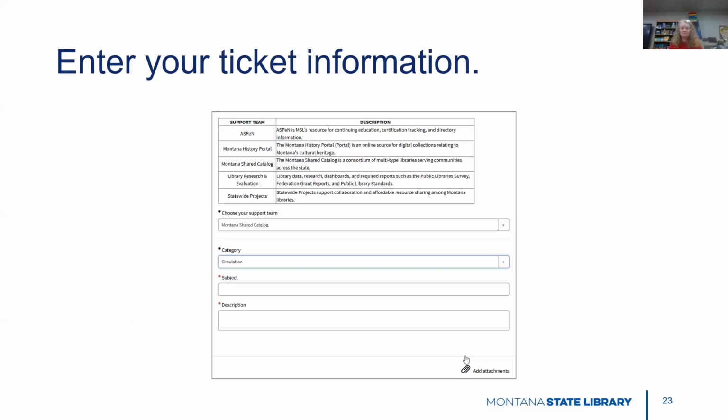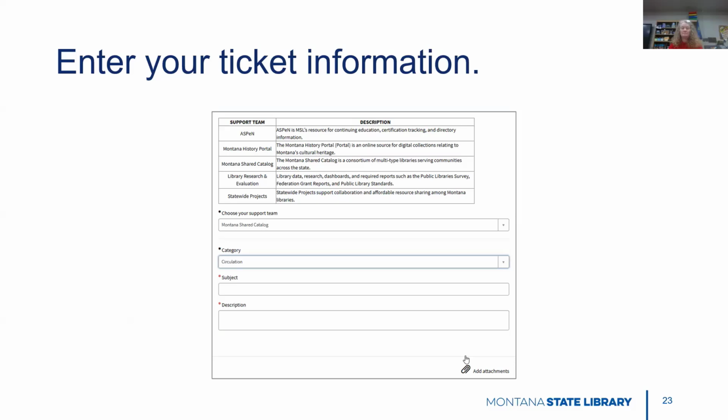When you first log in, it'll also list your name and contact information, which will automatically be filled in because you created an account. Next, we have a little chart of our different support teams and what they do. So for your purposes in this webinar, we're the Montana Shared Catalog team.